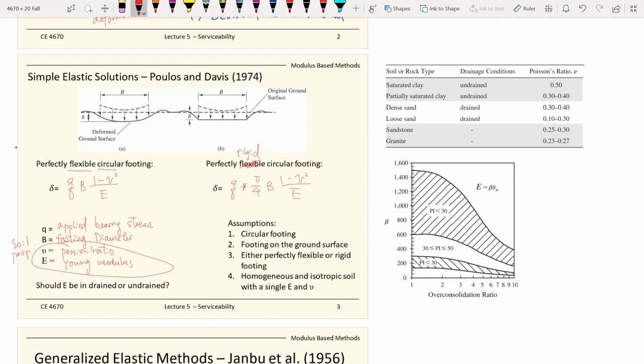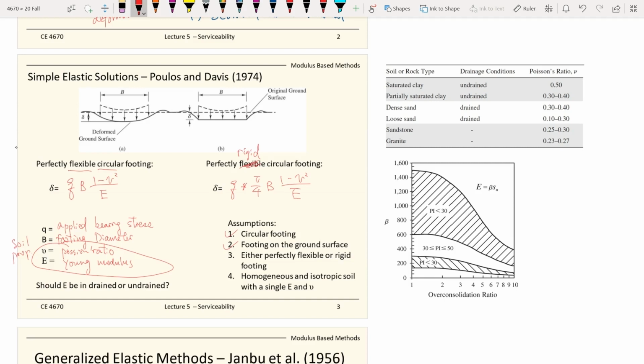And in order for this theoretical framework to work, there's a couple of assumptions. First, it only works for circular footings, and footings on the ground surface. So it is only valid for footings that are right exactly on the ground.